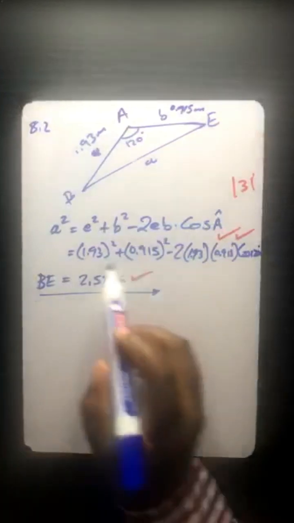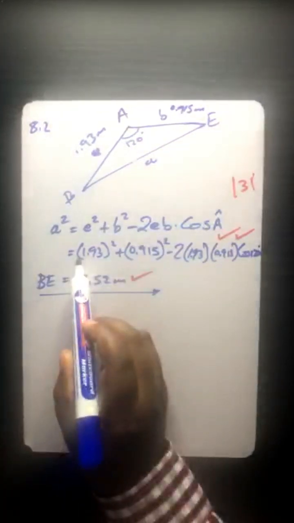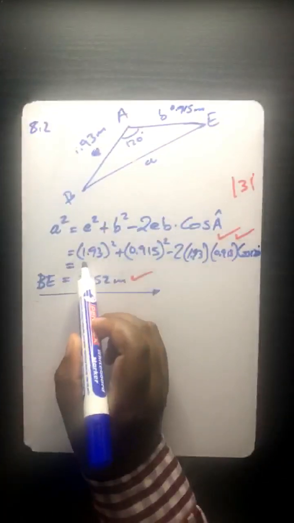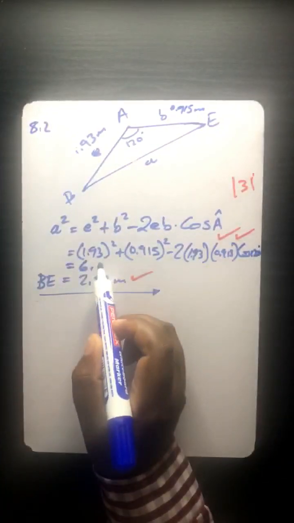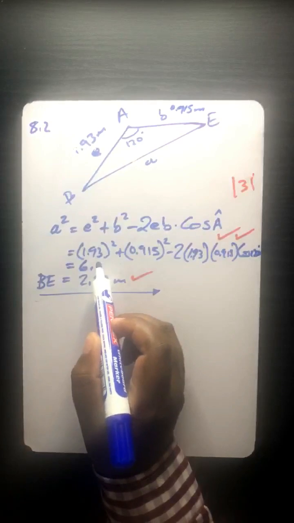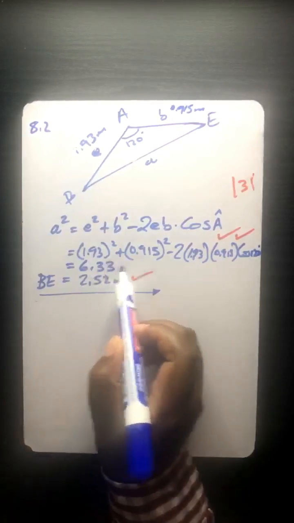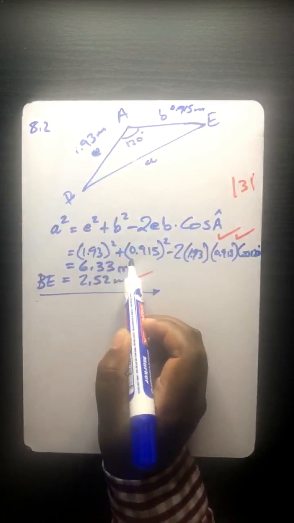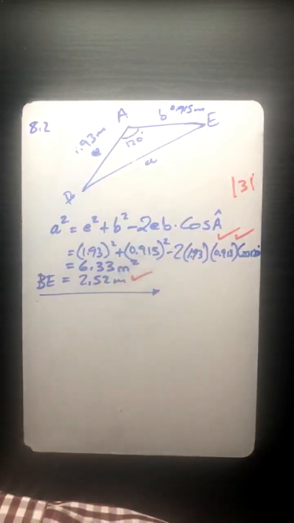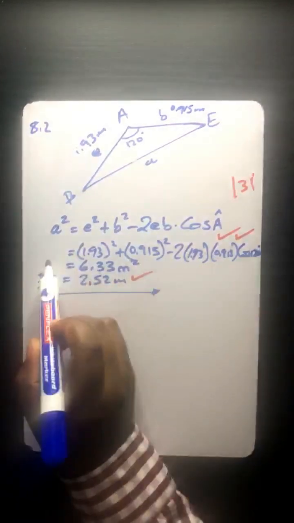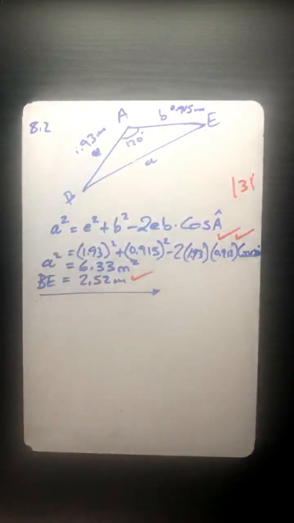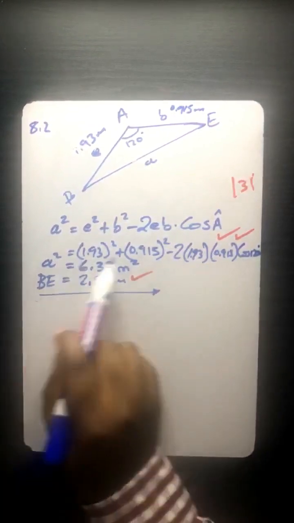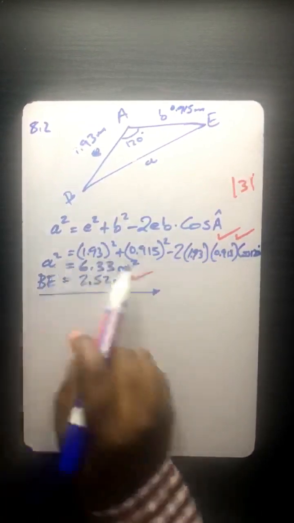When you punched all of that on your calculator, what are you getting? Yes, sir. 6.33 meters. 6.33. This is meters squared. So what you have calculated there, it's actually a squared.